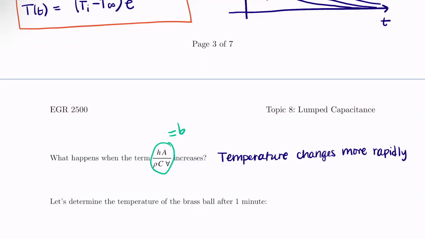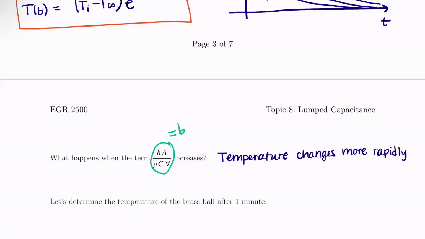If your heat capacity is smaller or your volume is smaller, then b gets larger and that body is going to be quicker to change temperature. Same thing when h and A in the numerator increase, your body will be more likely to change temperature quickly as well.